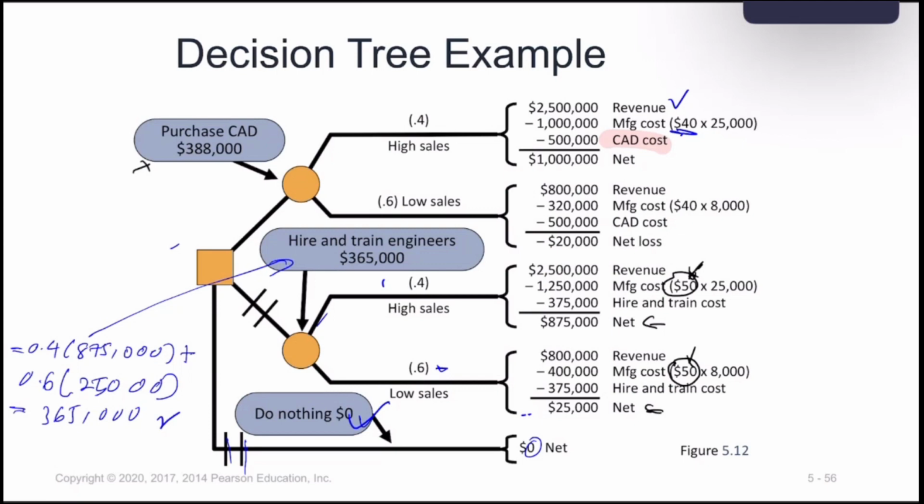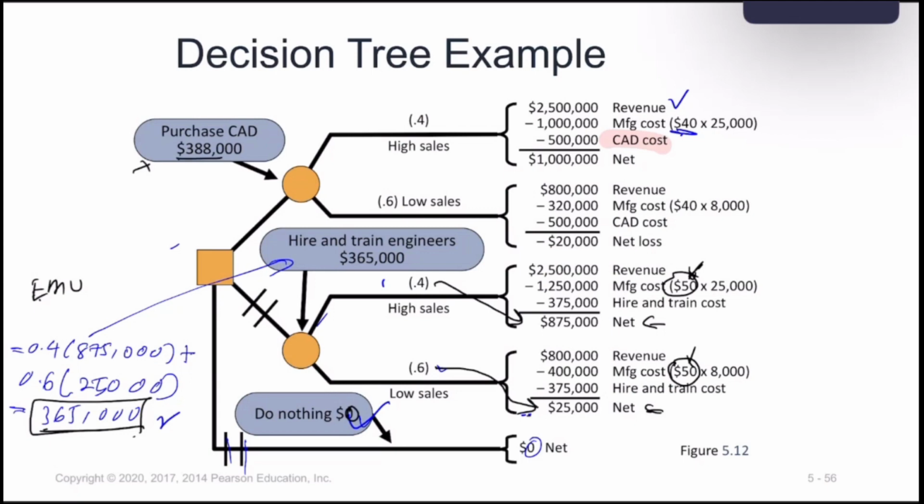Again, you calculate the profit, and then you find the expected monetary value, EMV, which is this one times the profit plus 0.6 times the 25,000. You get an EMV of $365,000. When we do nothing, it's zero profit.